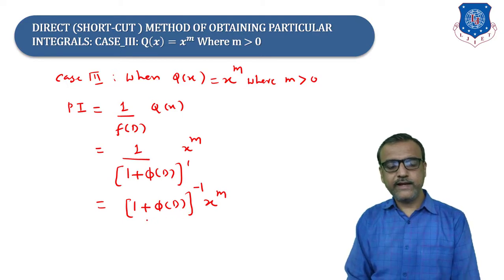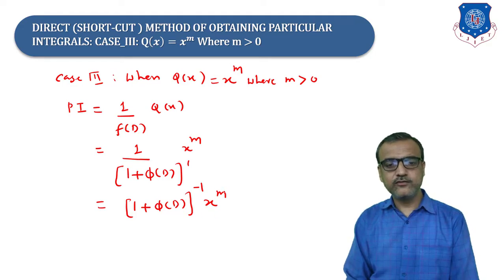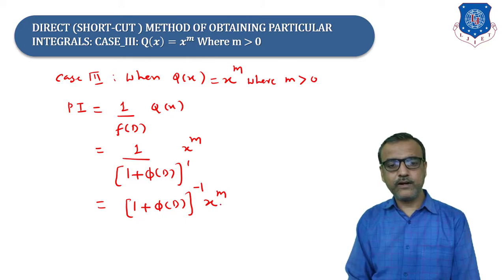Now we will expand 1 plus phi of D the whole raised to minus 1 up to D raised to m, because here we have been given x raised to m. Then we will apply that particular operator on x raised to m.